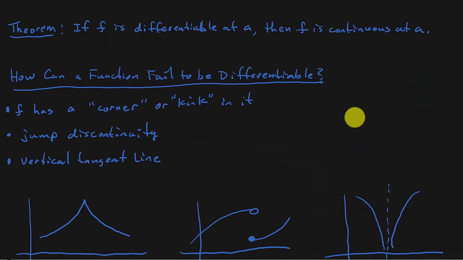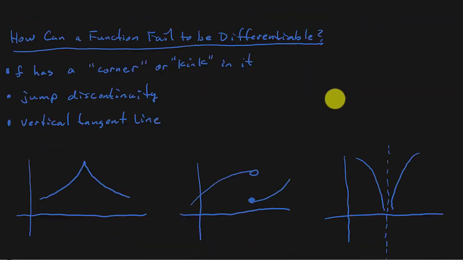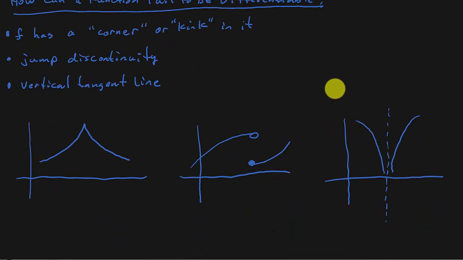All right. So I hope that made sense. So if f is differentiable at a, then f is continuous at a. Okay, there's a theorem there. If it's differentiable at a, then it's continuous at a. So how can a function fail to be differentiable? Well, here's some things. If it has a corner or a kink in it, that's like this first graph here. Because look, try to draw a tangent line.